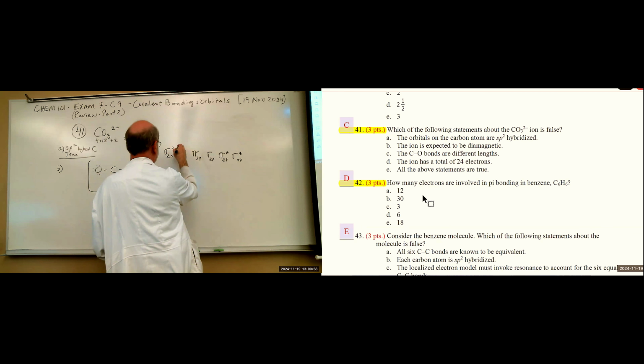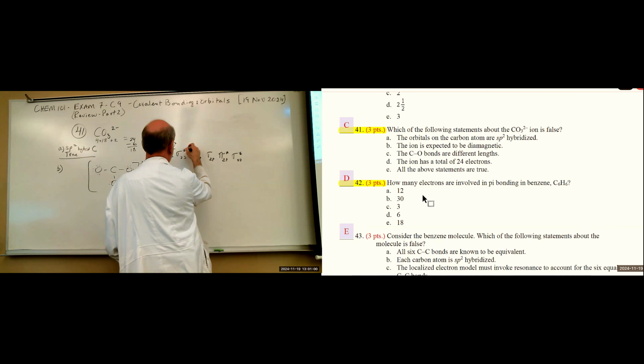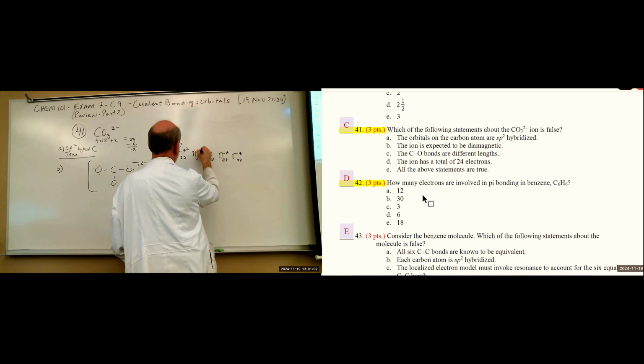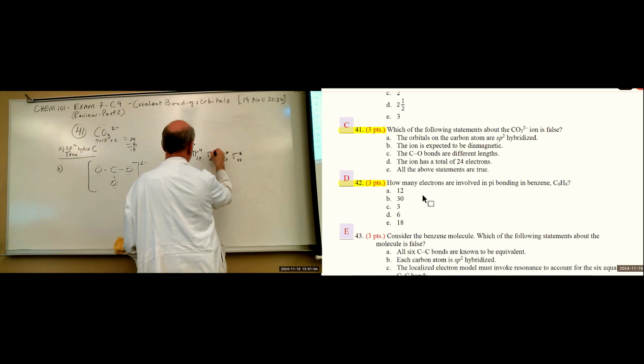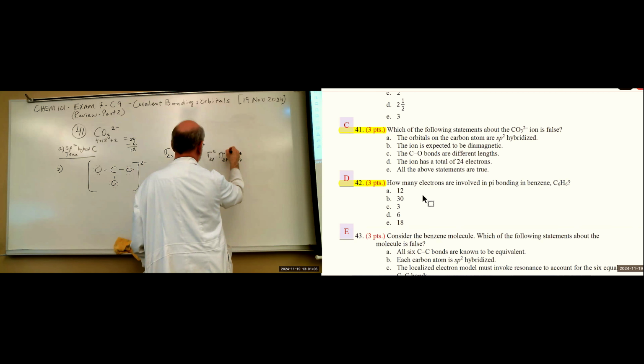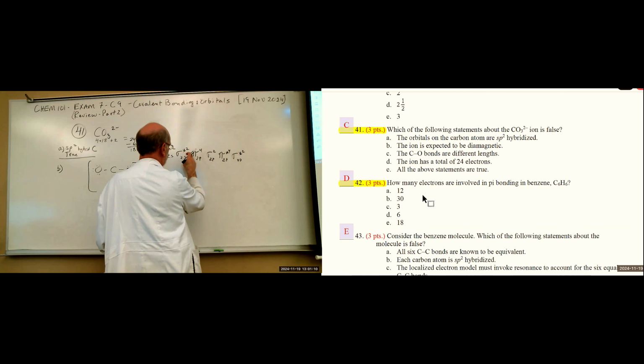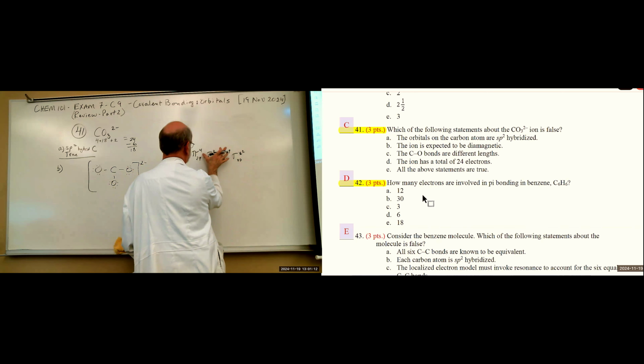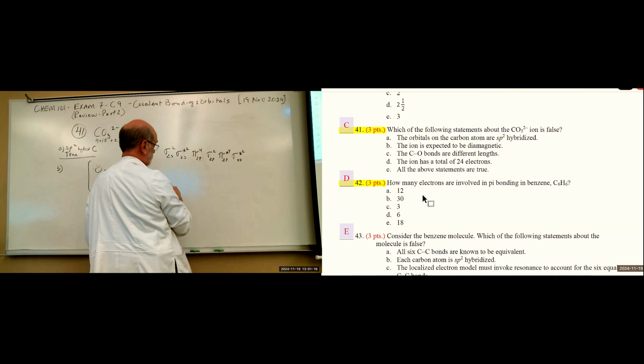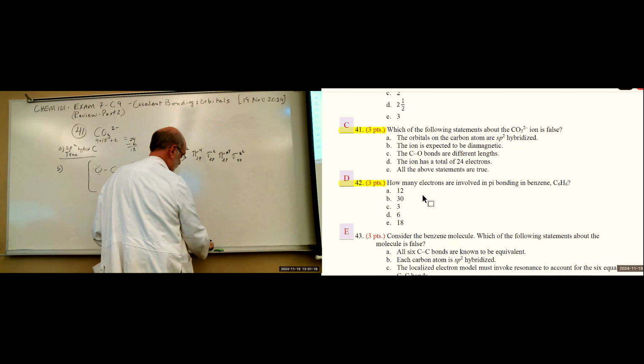So this would only give us what? 2, 4, 6, 8, and 8 is 16. That only works out to 16. All right, so I don't know what I'm doing.